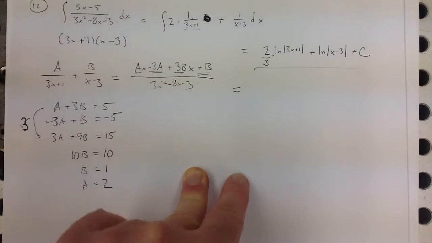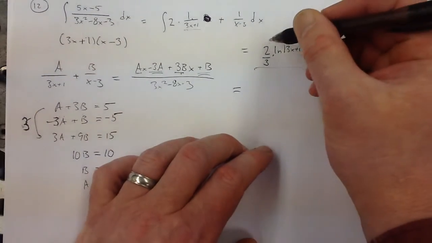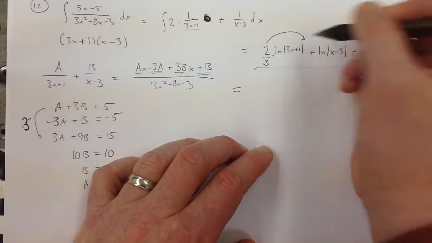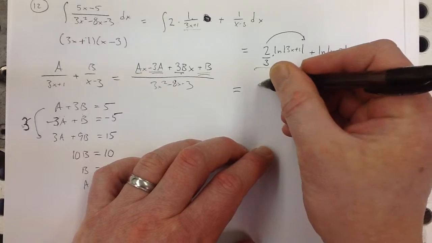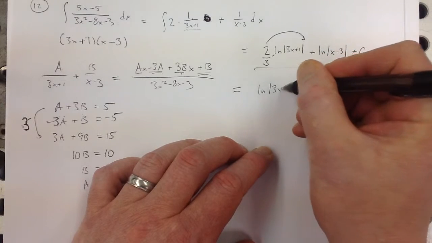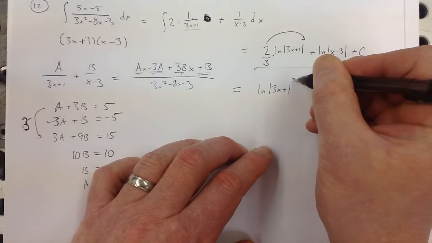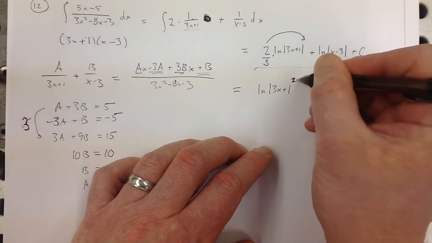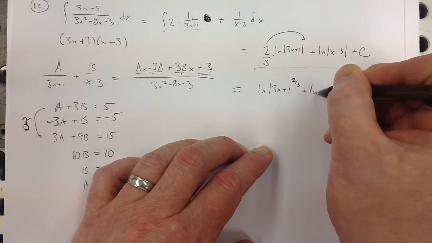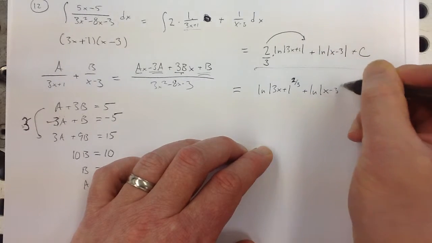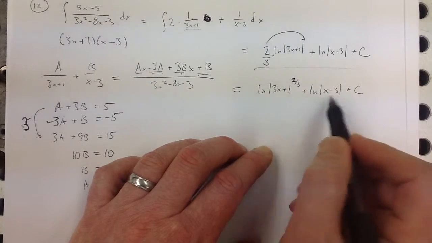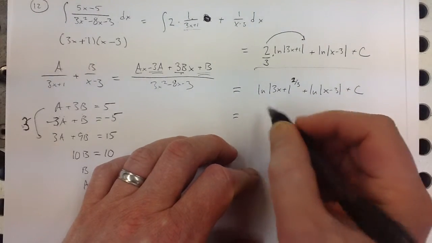If you really wanted to consolidate it into one logarithm, you could bring this in as an exponent. You could say that that's natural log 3x plus 1 to the 2/3 power plus natural log x minus 3 plus c. And then by logarithm rules, you can consolidate those.